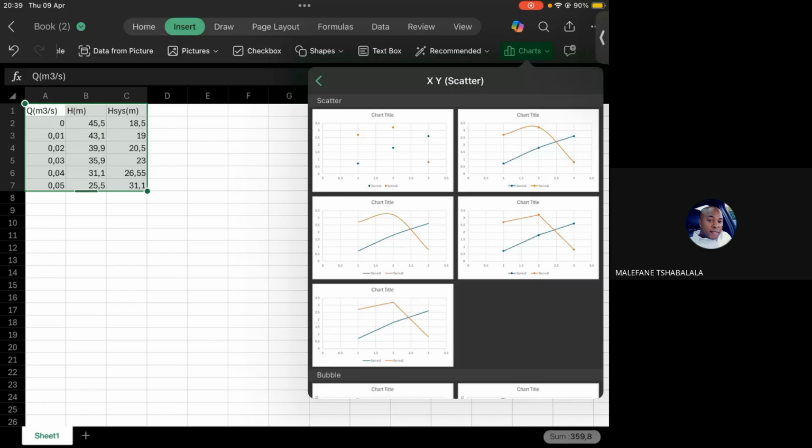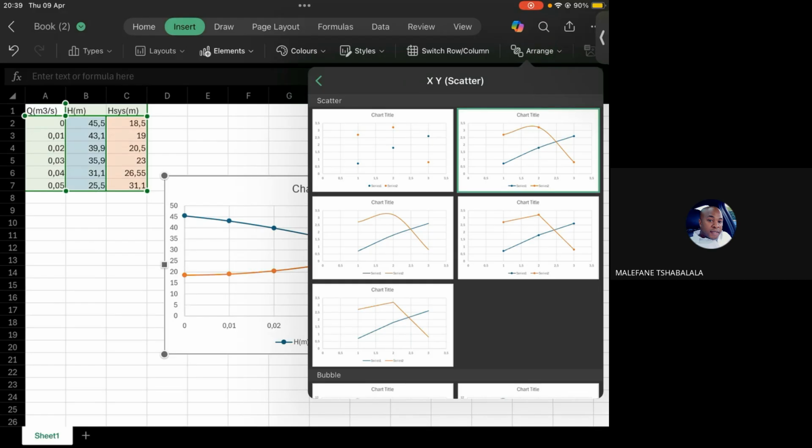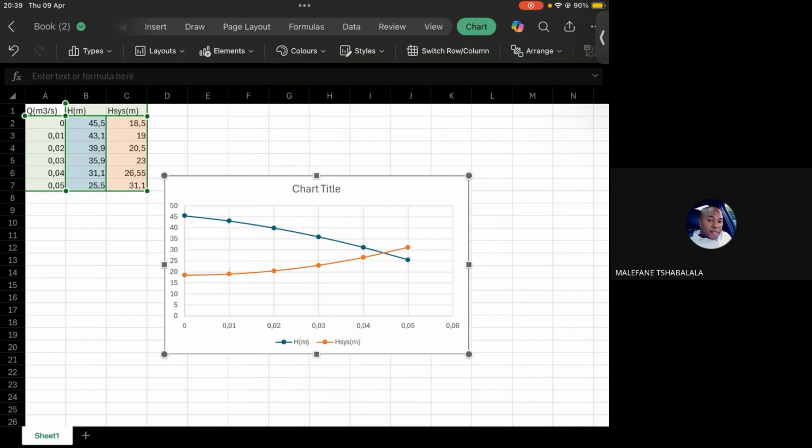Your graph will have to look like this, meaning you'll select this graph here, because remember initially we had the dots, and then we had to join them together.